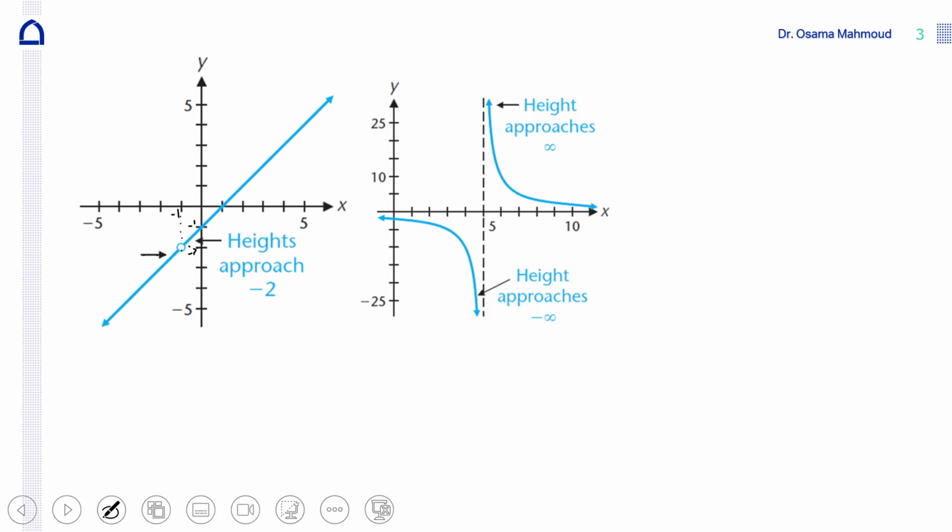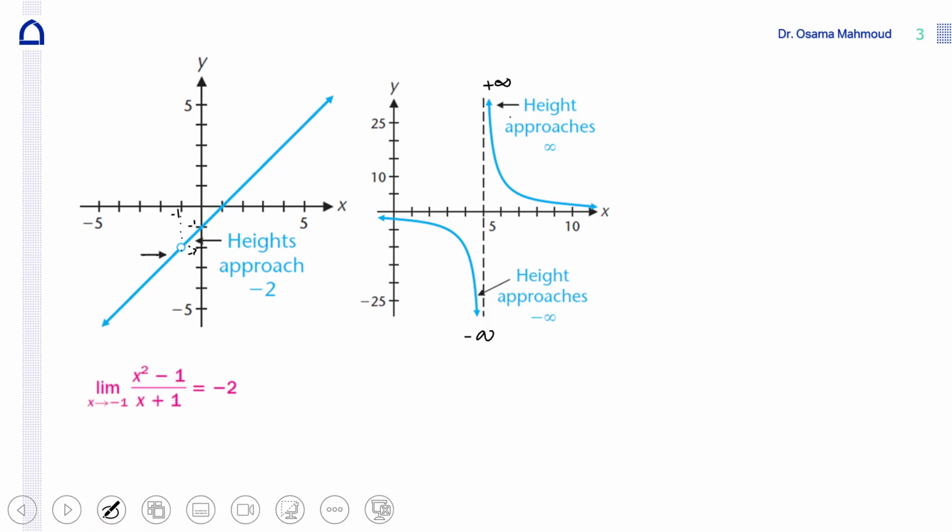In this case, like the previous one, when I come from the right, I reach positive infinity here. When I come from the left, I reach negative infinity here. So the right limit is not equal to the left limit, so the limit doesn't exist.